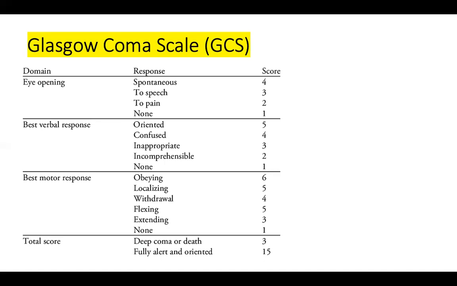So let's talk about the Glasgow Coma Scale really quick here. So the Glasgow Coma Scale is one that we use a lot in kind of trauma settings. And let's end this video here and we'll start it.